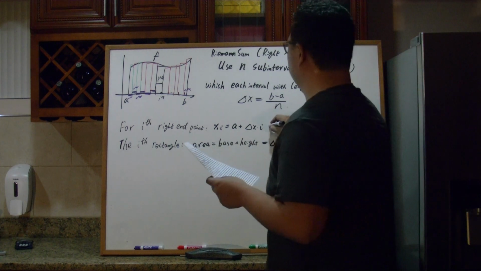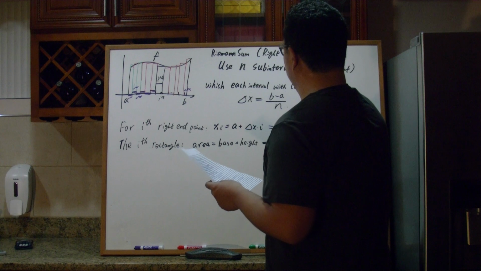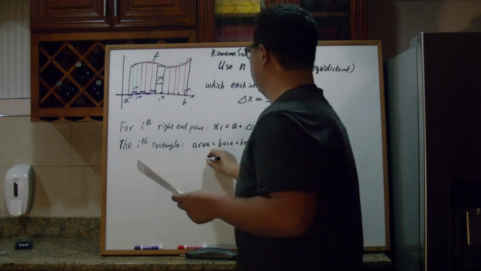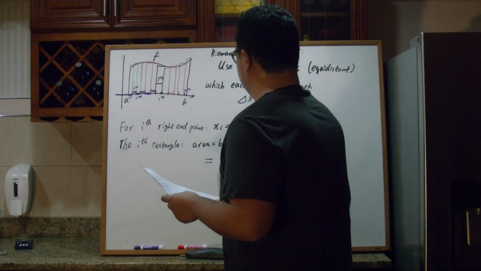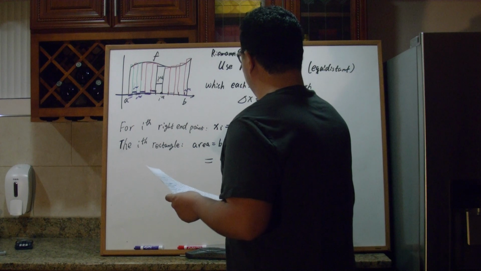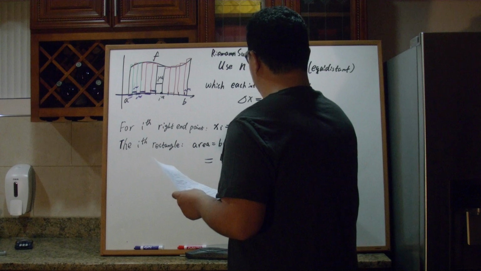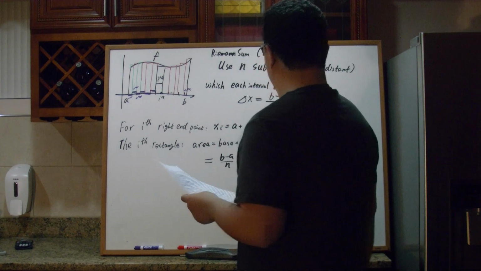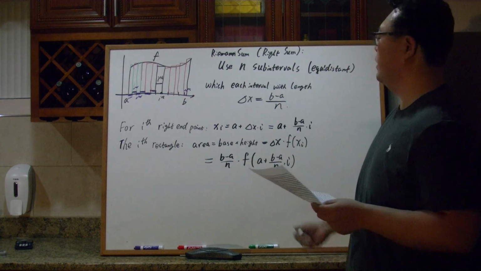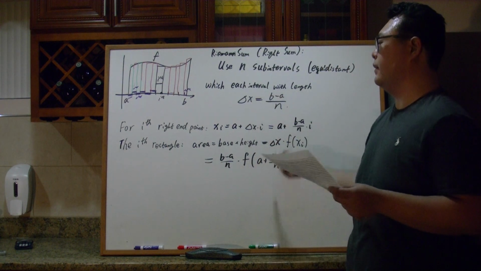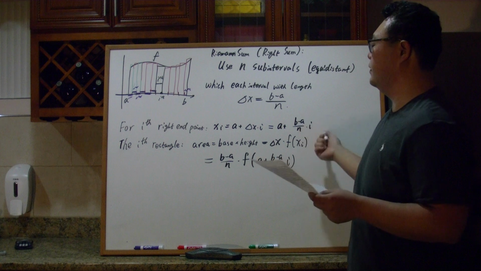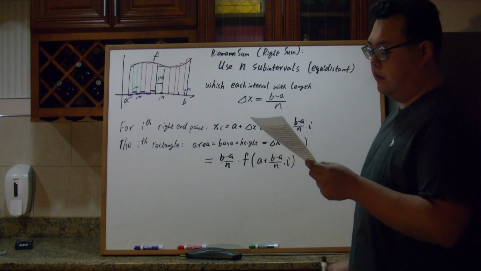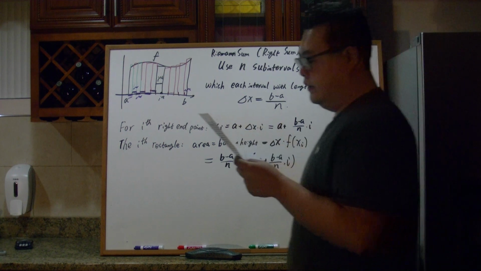If we want to extend it, that's b minus a over n times f of a plus b minus a over n times i. But it's not necessary, because we will find it step by step, so we will find it at the end anyway.